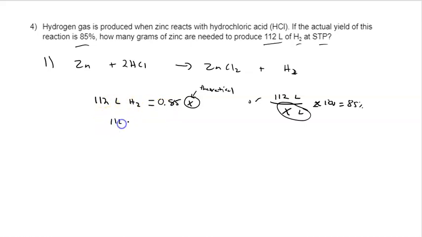I'm going to go 112 liters over 0.85 equals X. And then we're going to get 132 liters equals X, right? So this is our theoretical yield.